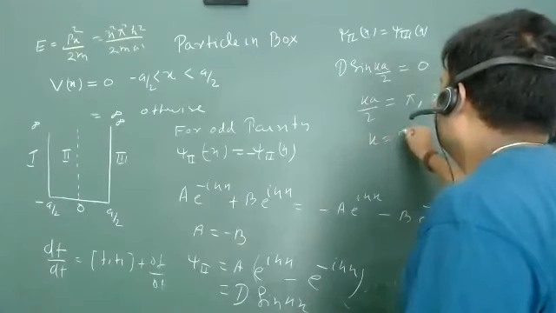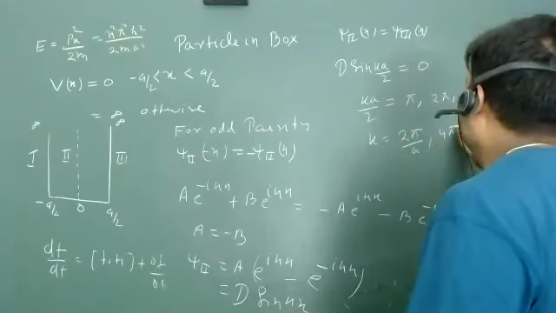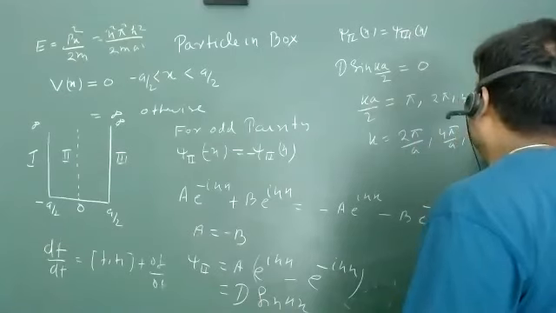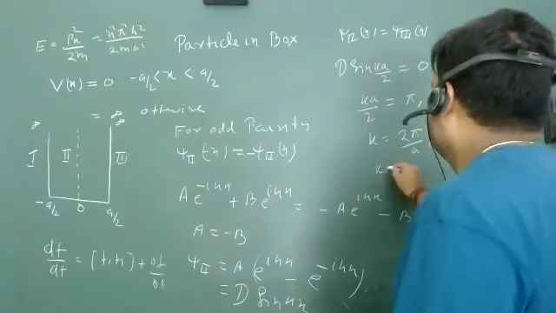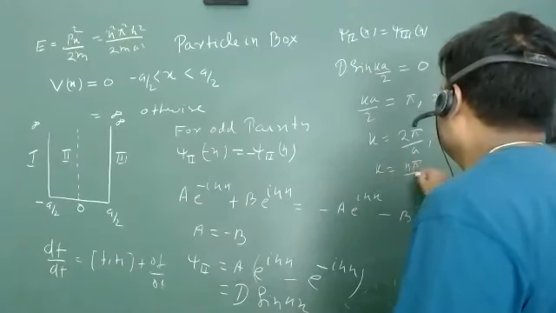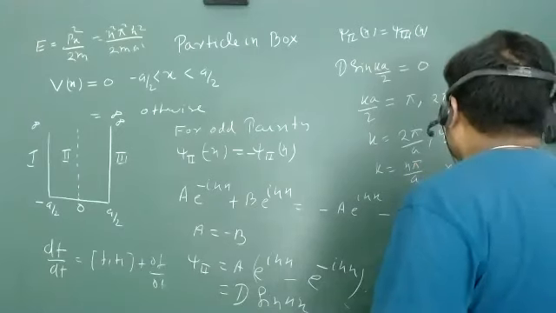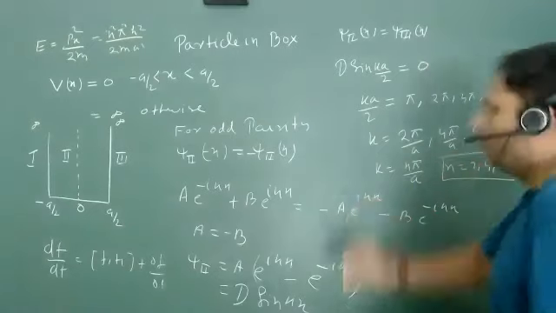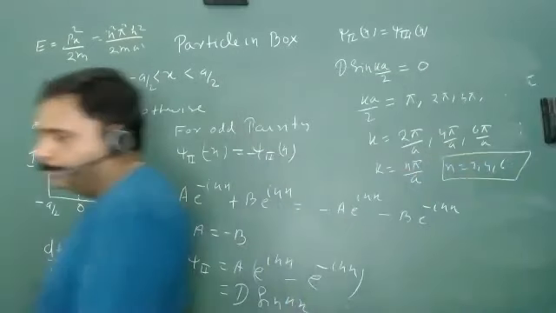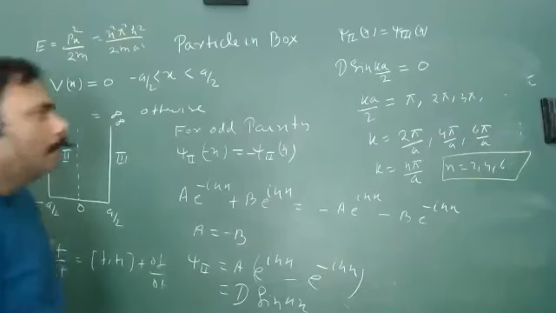So what is the value of k? 2 pi by a, 4 pi by a, 6 pi by a, and so on. So k can be written as n pi by a, where n is equal to 2, 4, 6, and so on. So we have concluded that when the value of n is even, then we will get the odd parity.